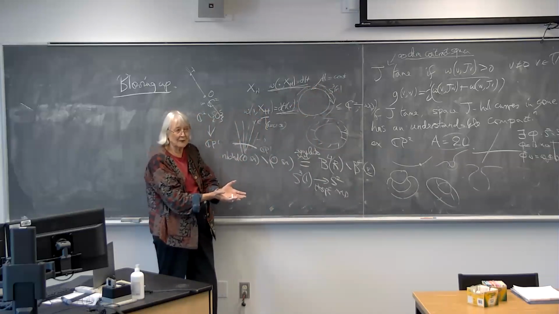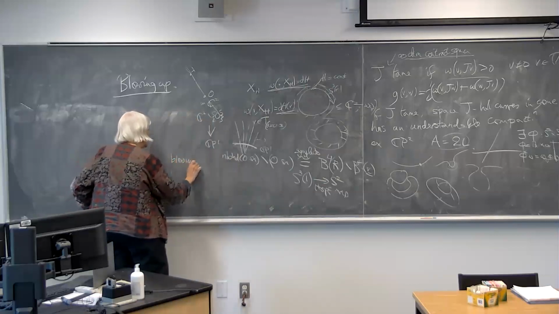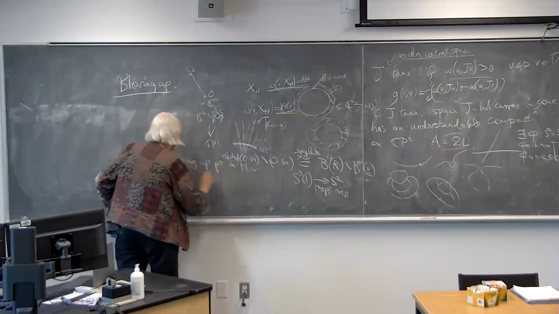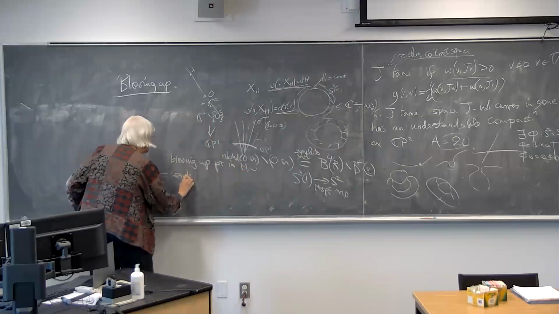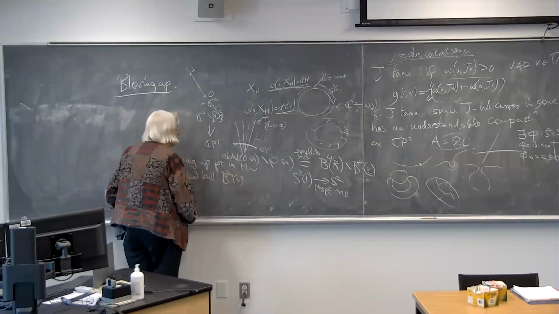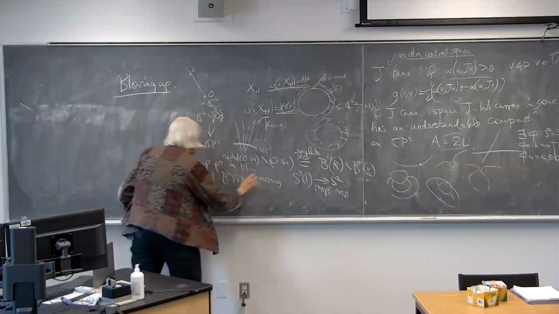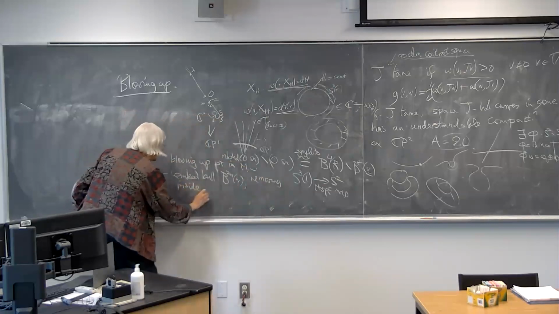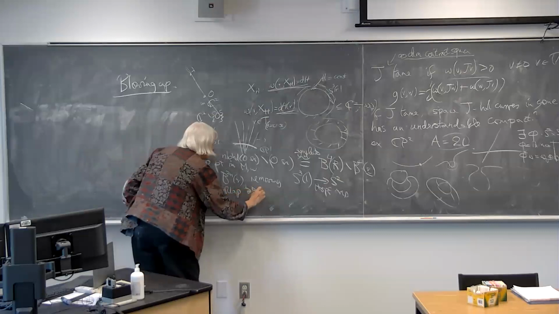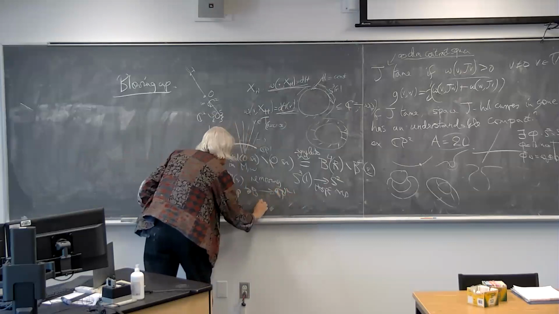So blowing up a point in a symplectic manifold is equivalent to embedding a ball B^{2n}(r) and removing the interior, and then collapsing the boundary of the ball, in fact, to CP^{n-1} via the Hopf function.